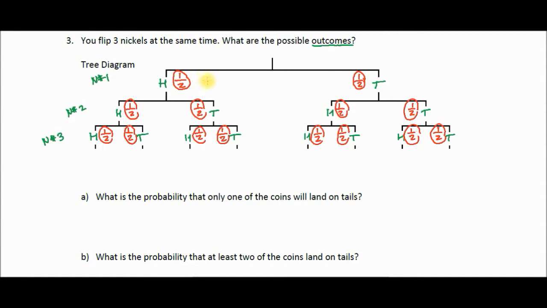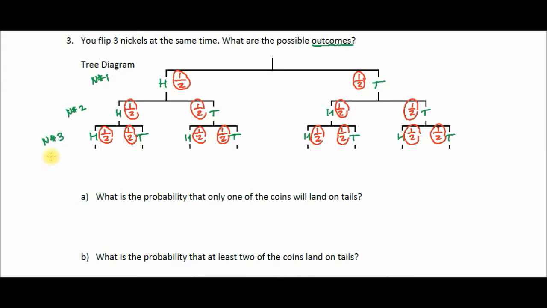Well, now, class, we have 3 events. So as you move down our tree diagram, the probability of landing on heads, and then landing on heads again, and then landing on heads again is 1/2 times 1/2 times 1/2.